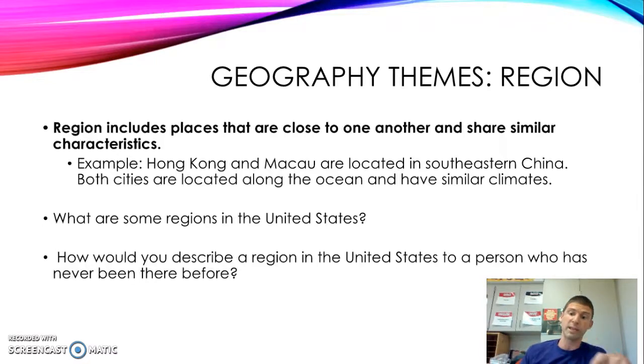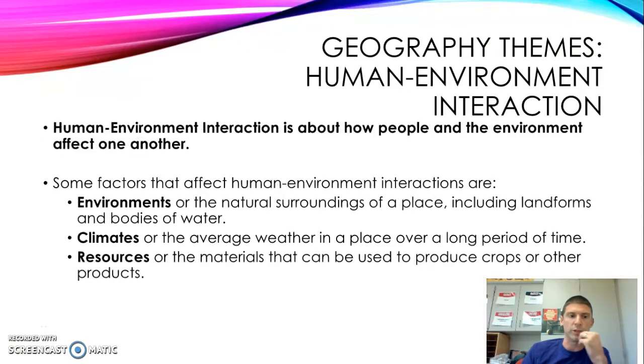Those are all regions. And regions usually have some sort of characteristic that defines them. People in those regions are similar to each other in at least some component. Maybe not completely, Americans that live in the Midwest probably are similar in a lot of ways, especially when you compare them to maybe people that live in the South or in the West.